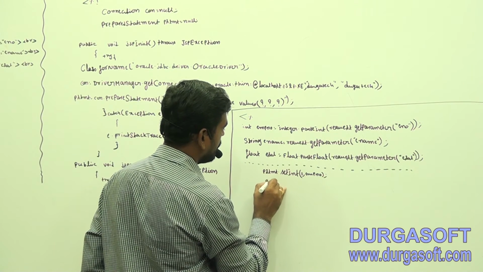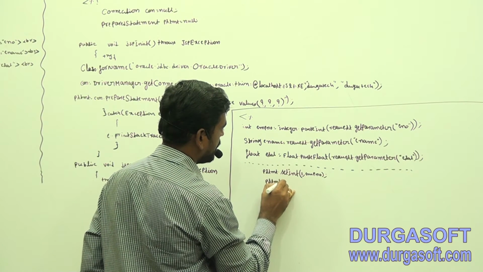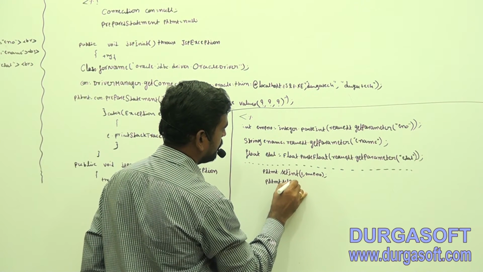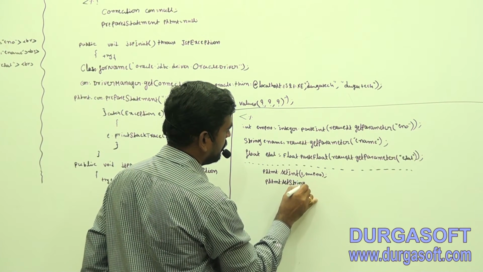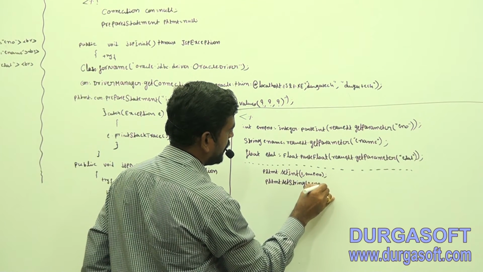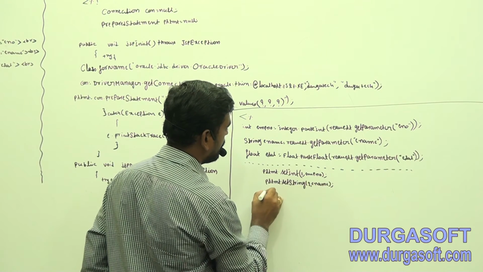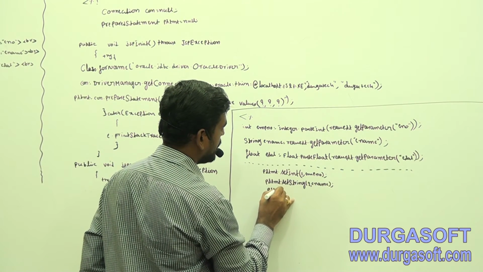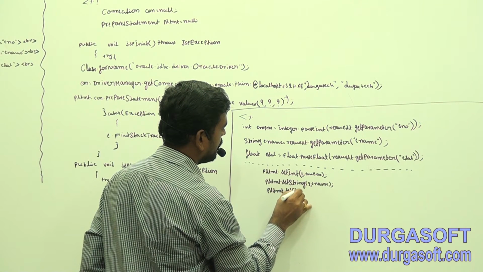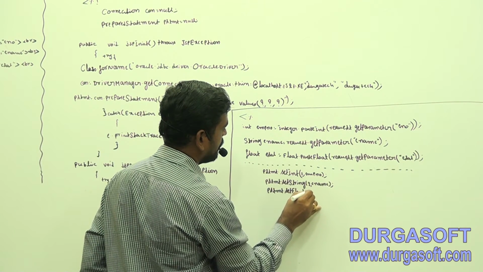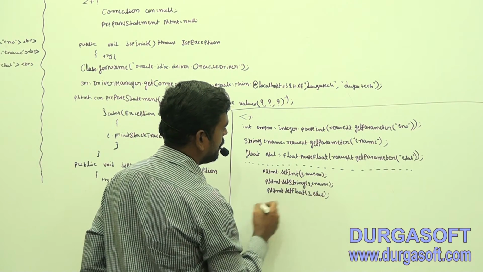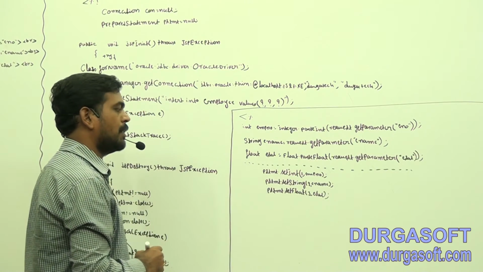The next pstmt dot setString 2 comma ename. The next pstmt dot setFloat 3 comma esal. Like that we can set all the values.